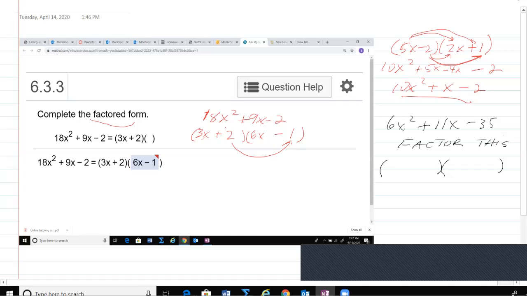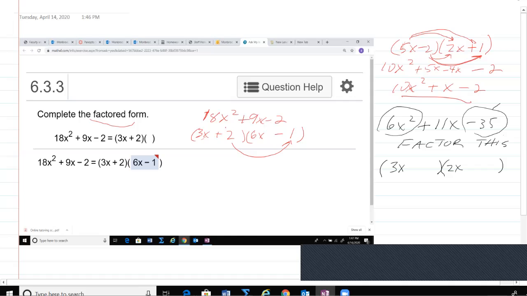Now, got a 6x squared here in the front. So I'm going to try now. I don't know for sure if it's going to work, but you try a 3x and a 2x because that product is 6x squared. Now, the number over here, it's a negative 35. I have to think in my head about some product there.